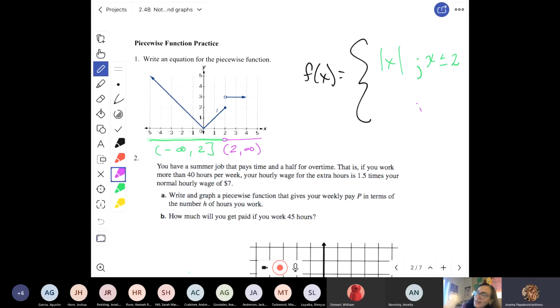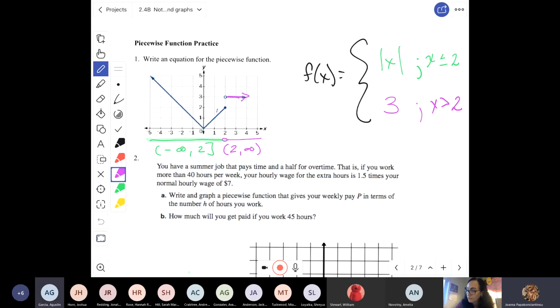How would I represent that as an inequality? X is greater than 2. Beautiful. And how would I represent that rule? F of x equals 3. Beautiful, because it is a horizontal line at y equals 3. Magnificent. So that's how I would write the piecewise function that's represented by this graph.